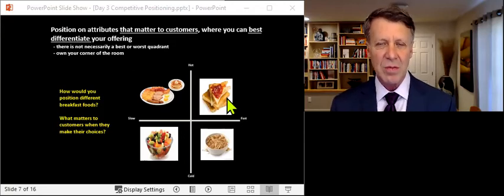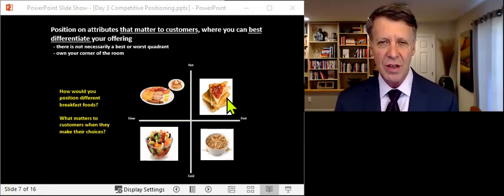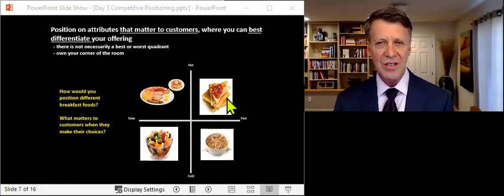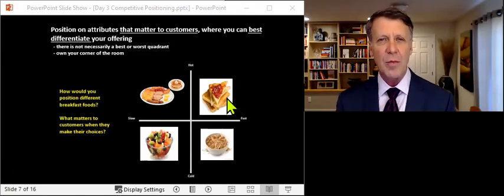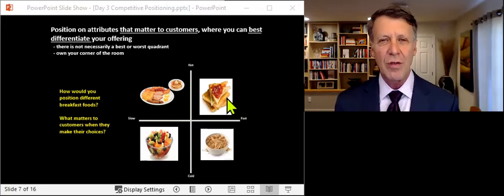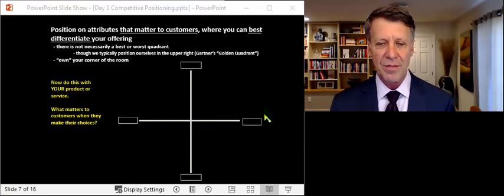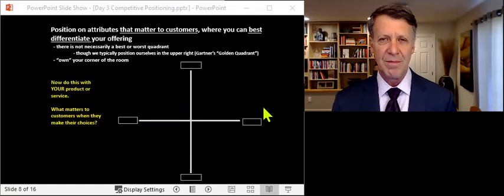Now, if that were the case, by the way, the one piece of advice I would give you is position your grids, your axes in such a way that hot and slow is in the upper right-hand quadrant, because that's the golden quadrant. Whenever you do some kind of a matrix, you always want your product to be in that upper right-hand quadrant.